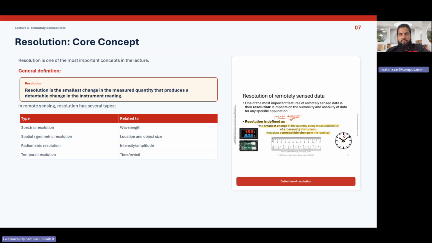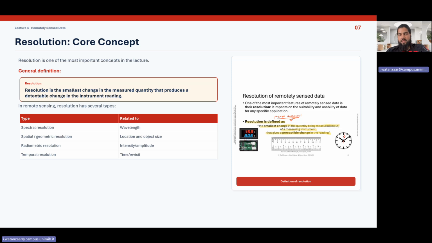One of the core concepts of this lecture on remotely sensed data is resolution, and we will focus more on resolution throughout the remaining slides. This is the core concept. Resolution is one of the most important concepts in this lecture. The general definition: resolution is the smallest change in a measured quantity that produces a detectable change in the instrument reading. The instrument is basically a sensor.